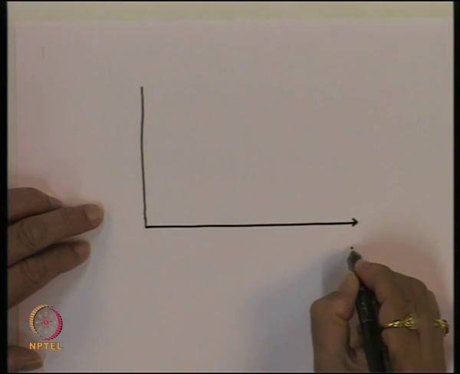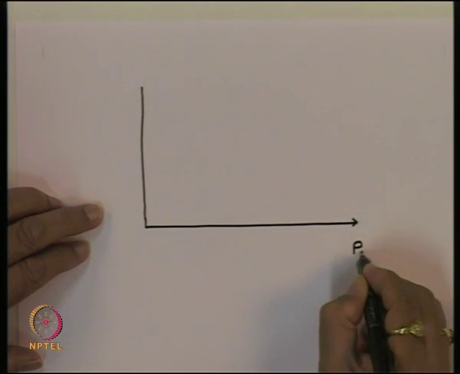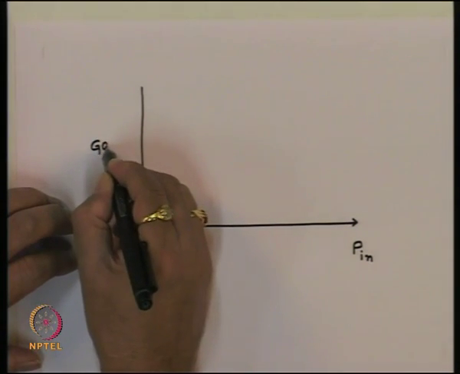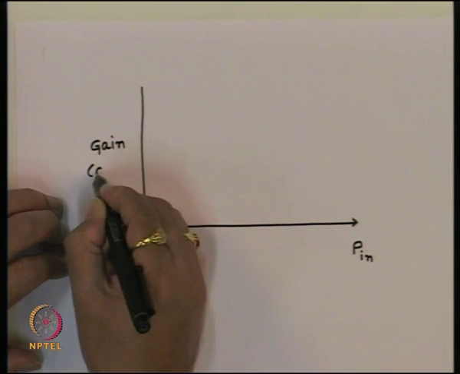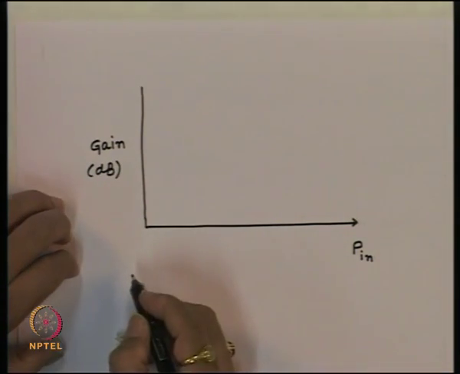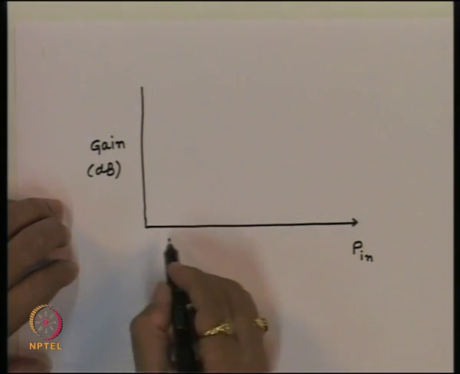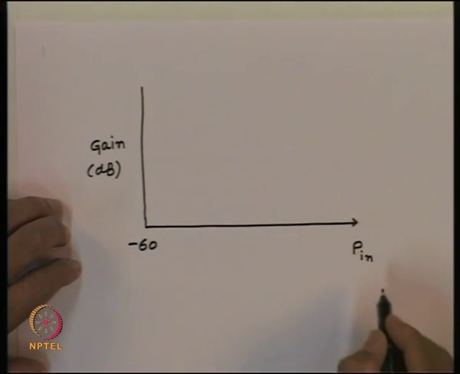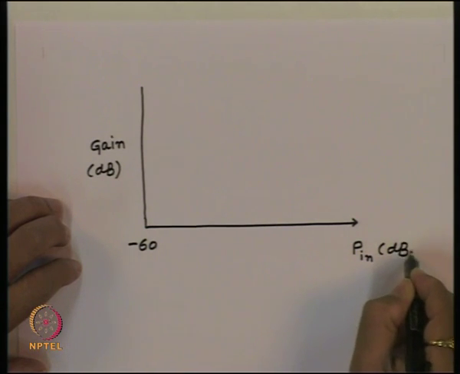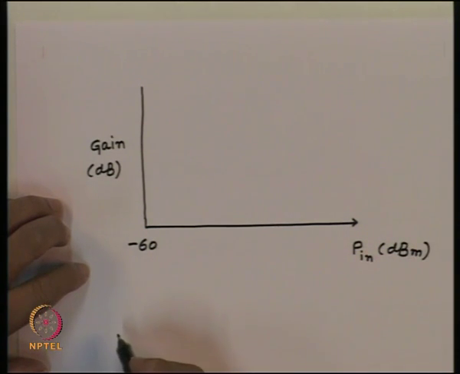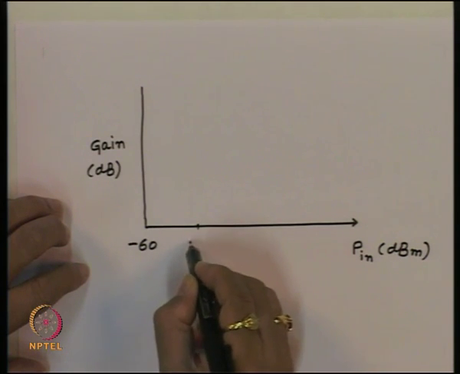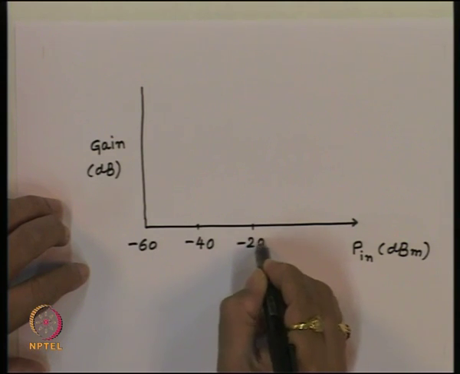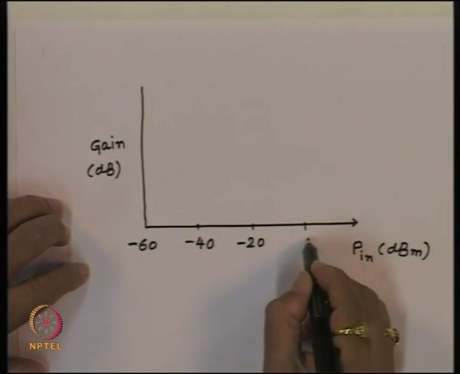This is Pin, the signal input power, and we have gain in dB. Let us say we put the power, in dBm, minus 60, minus 40, minus 20, 0.